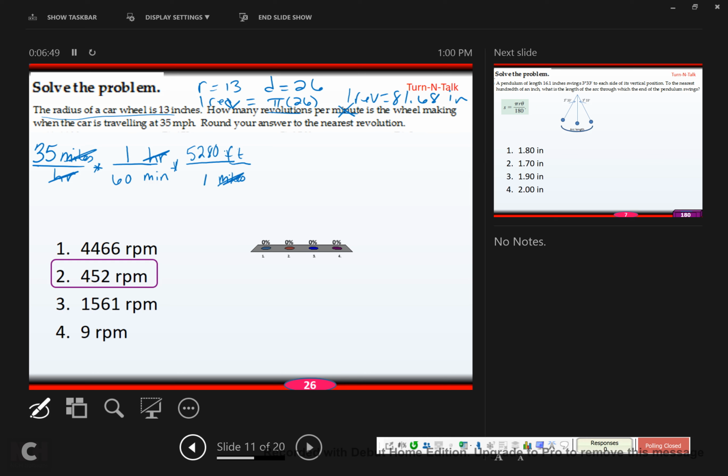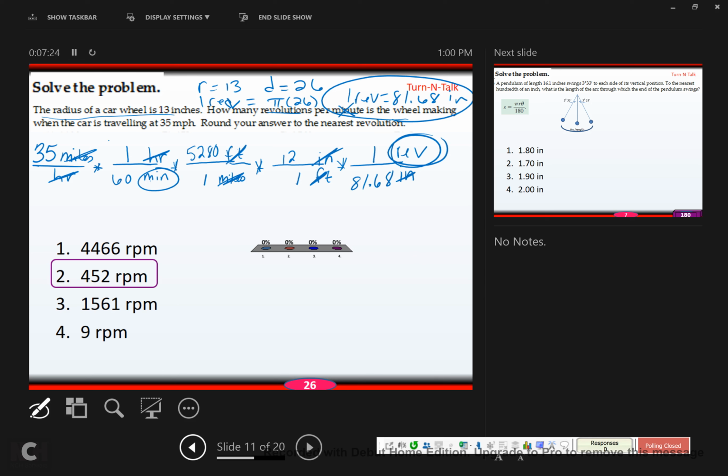Now I'm in feet per minute, which I don't want, so I get rid of feet. I can go from feet to inches. There are 12 inches in 1 foot. Those cancel, and now I'm in inches per minute, which I don't want. I want revolutions. To get rid of inches, I put it on the bottom, revolutions on top, and I already figured that out up here: 1 revolution is worth 81.68 inches. That will cancel my inches, and now I'm in revolutions per minute.